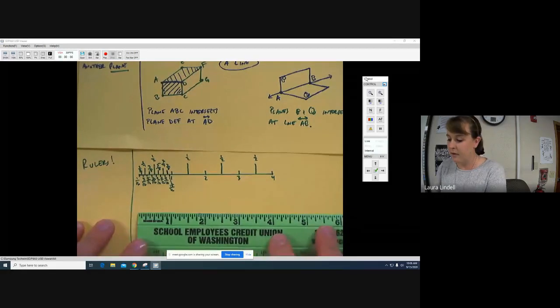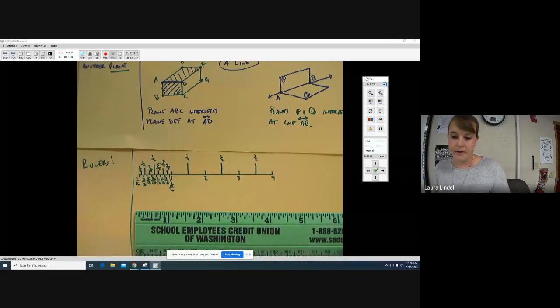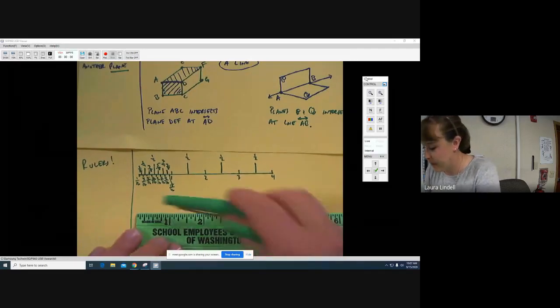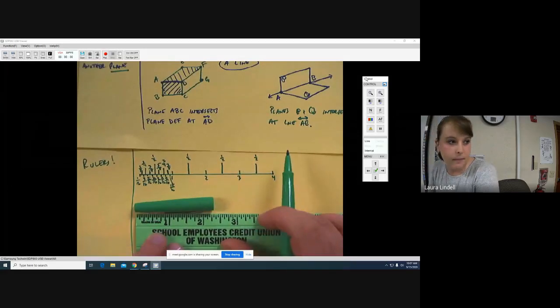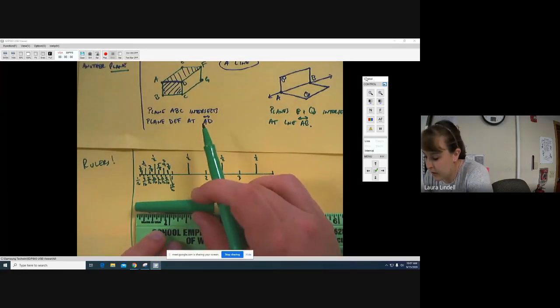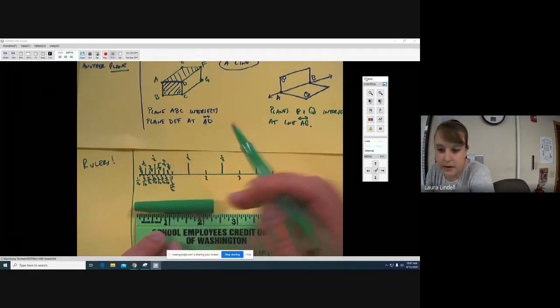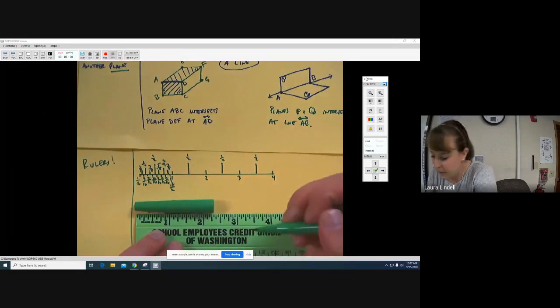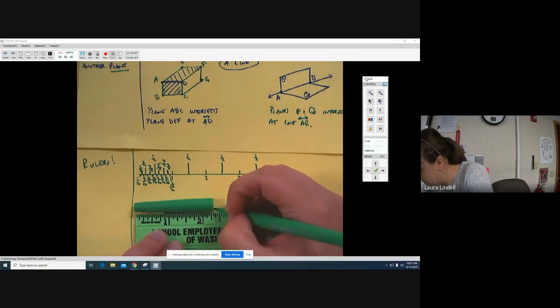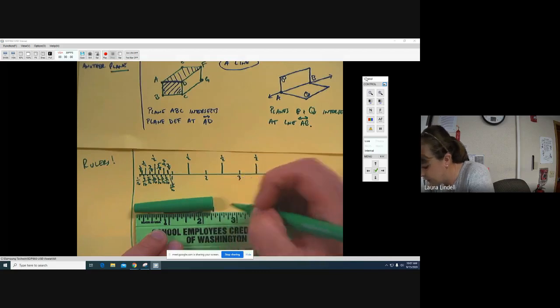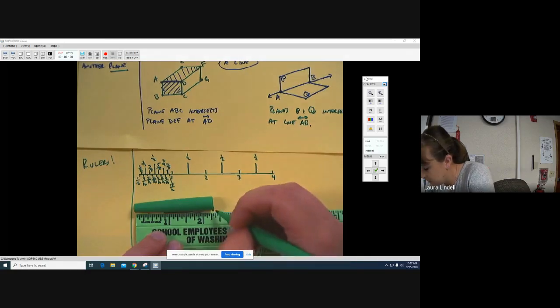Okay, so if I was going to measure something in inches, let me find something we can measure here. We'll measure the pen cap. Since you don't have the ruler and the pen cap there, you're going to have to just imagine we are measuring. Let's say it goes out to here on my ruler.